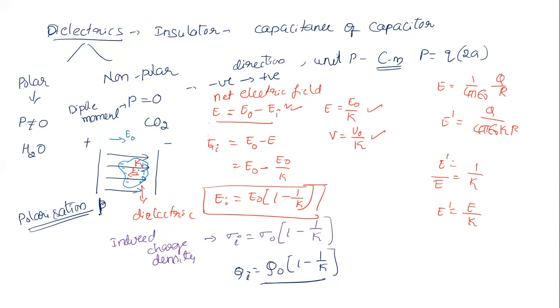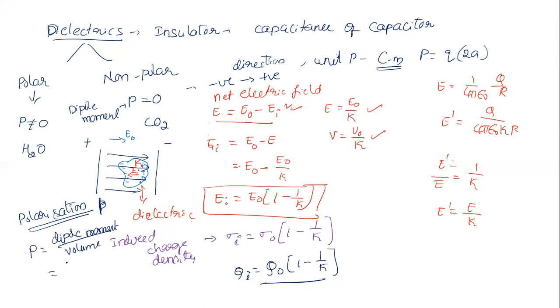So this dielectric polarization, how is it given? It is given by a simple formula. Dielectric polarization is the dipole moment per unit volume. It gives us an idea of how much dipole moment we can induce per given volume.